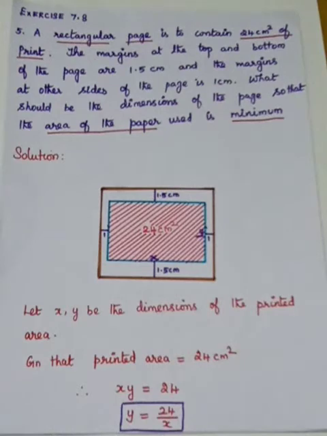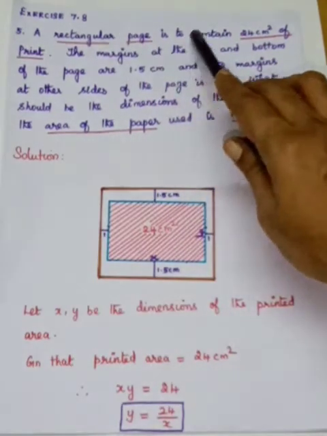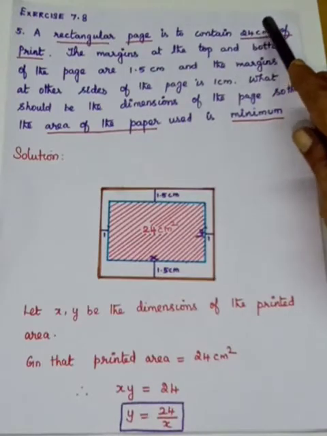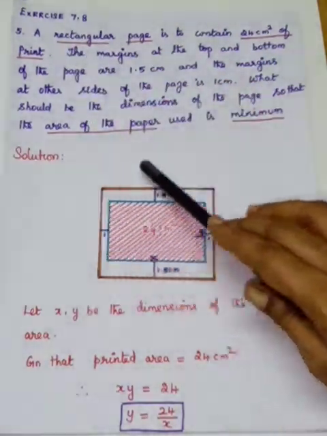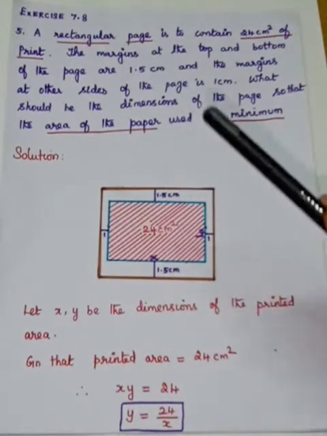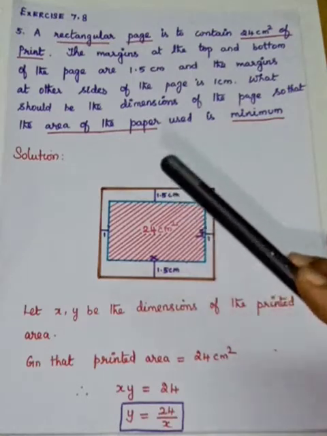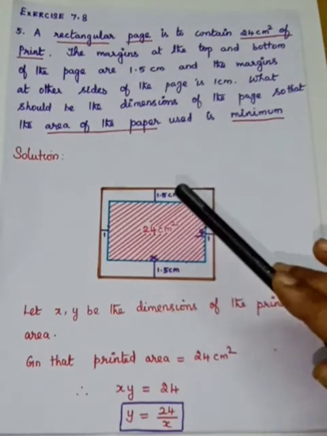Now, the first sentence: a rectangular page is to contain 24 centimeters squared of print. So the page is in the shape of a rectangle, and the page contains 24 centimeters squared of print.